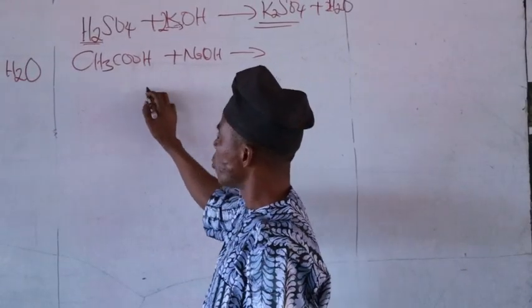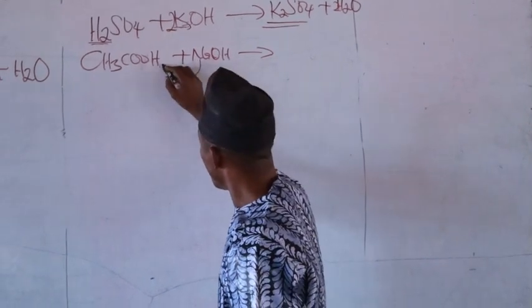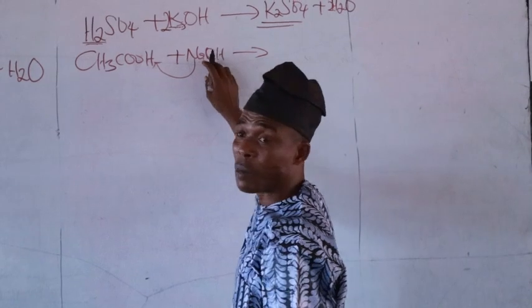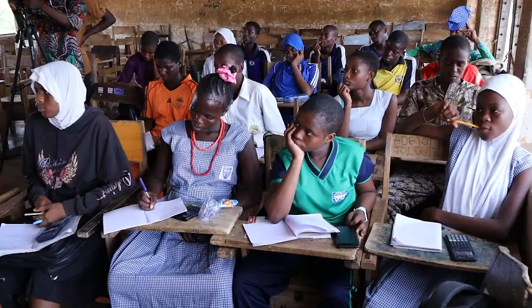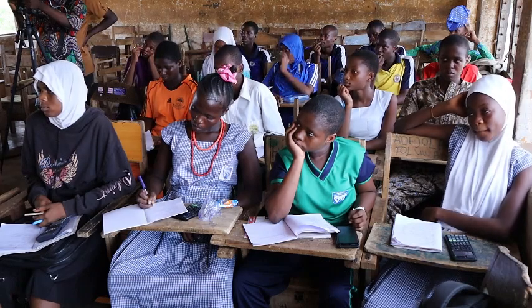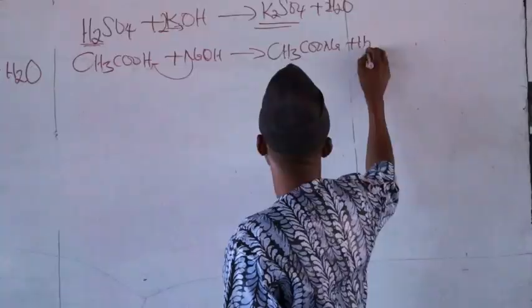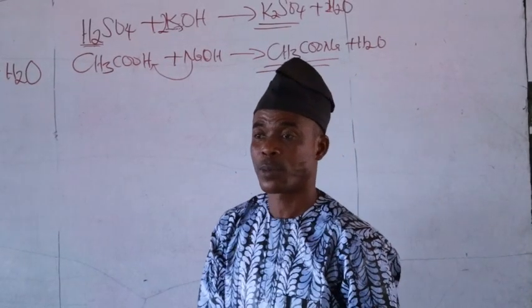How many replaceable hydrogen do you have here? One. So if this hydrogen is replaced with a metal, the salt formed is going to be a normal salt. So we have CH3COONa plus H2. So this is also a normal salt.